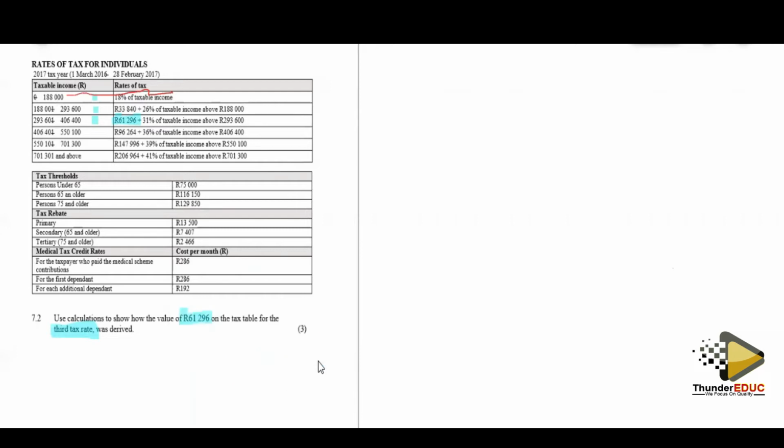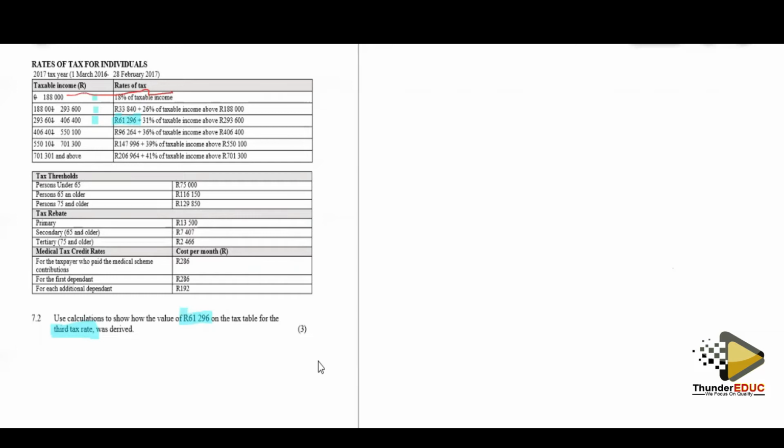The value of 61,296, we are saying it's from bracket 2. But how?